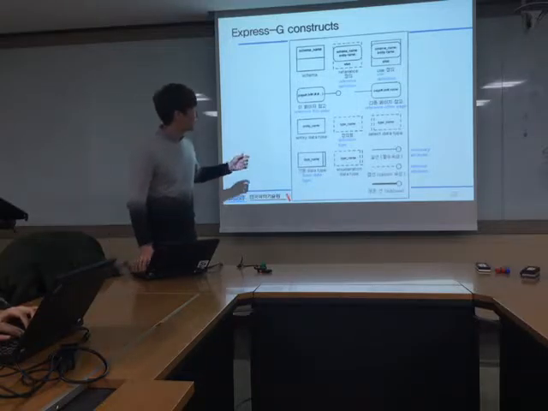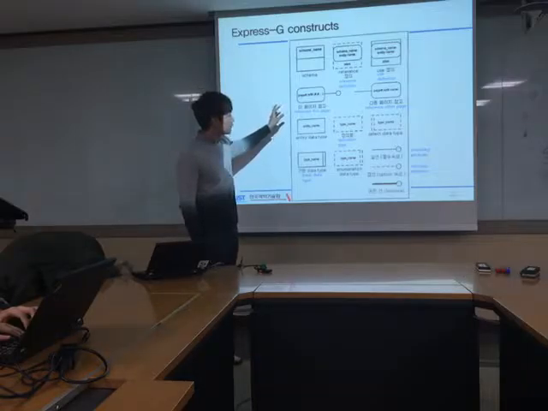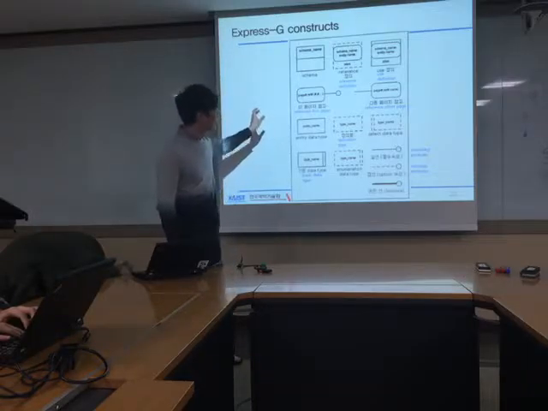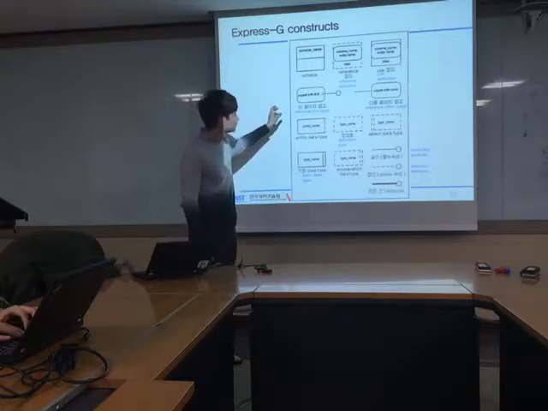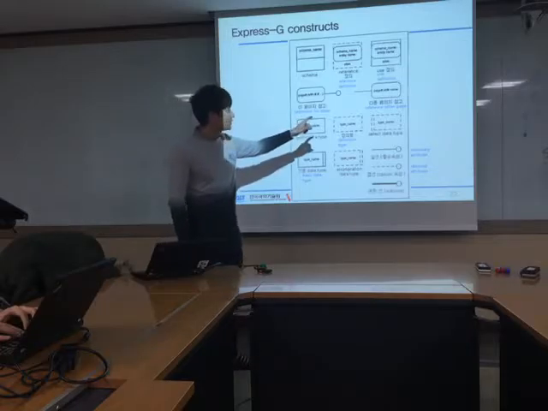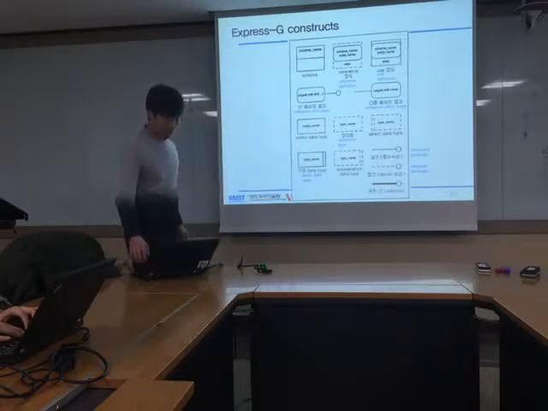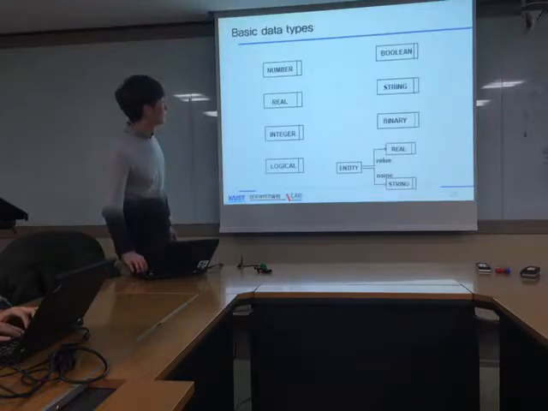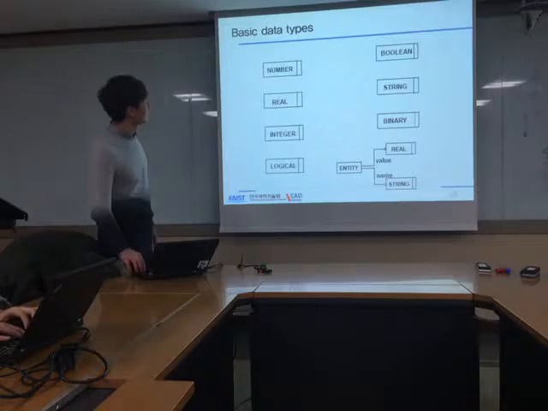As you can see, there are some other shapes of the function, and this is about reference to this page, and this means reference to another page. And this is Express data type.